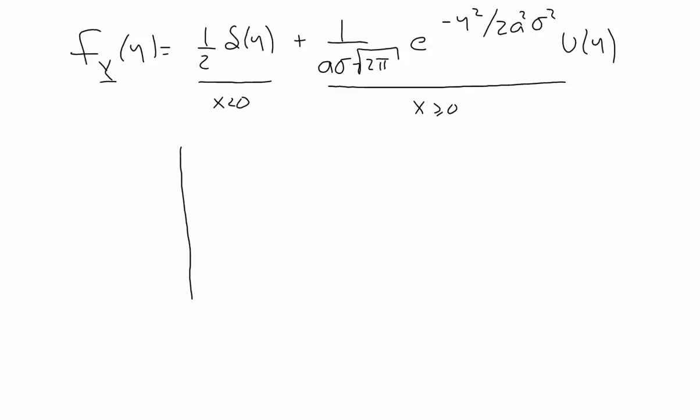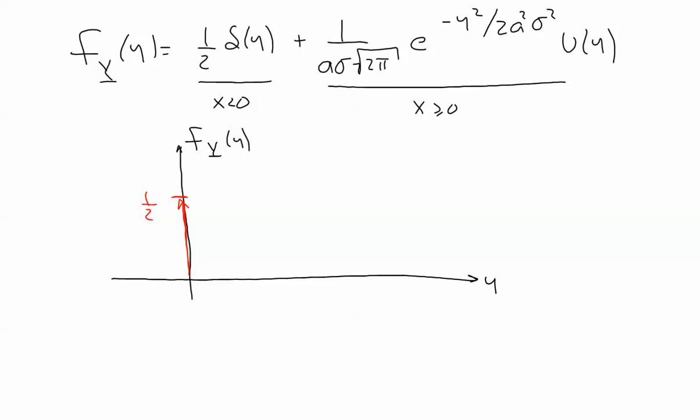And then if I plotted this, it might look something like this. I'm going to use a couple of different colors here. I'm going to have a delta function sitting right at the origin. That's supposed to be in red. Its amplitude is 1/2. I'm going to locate exactly 50% of my probability at the origin.